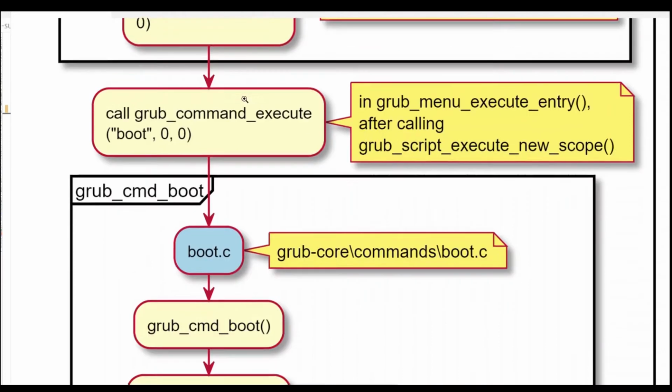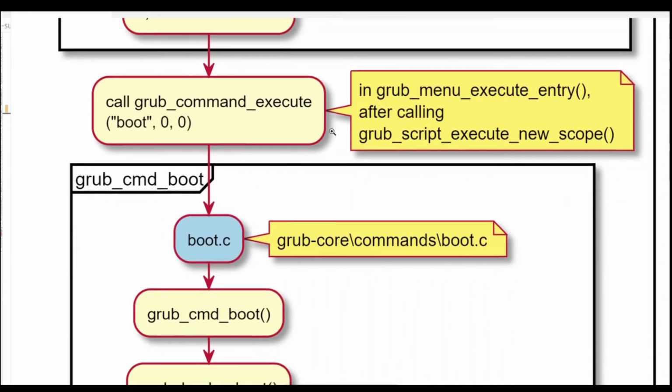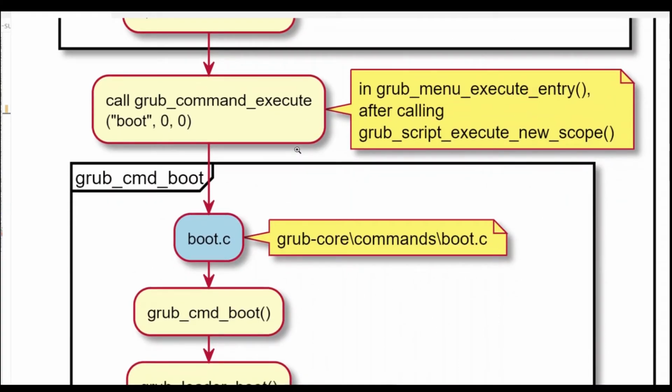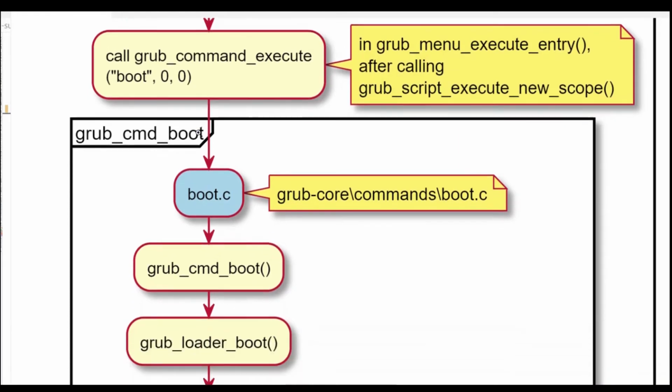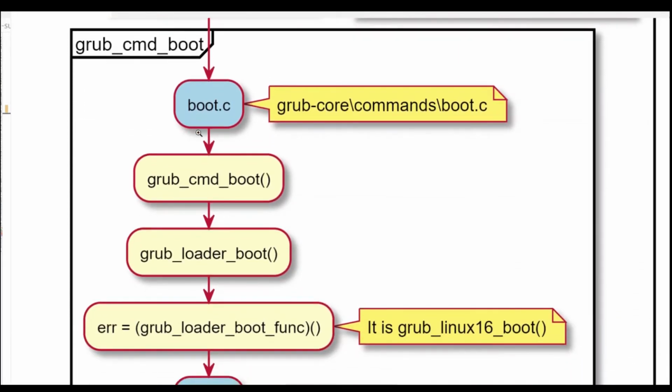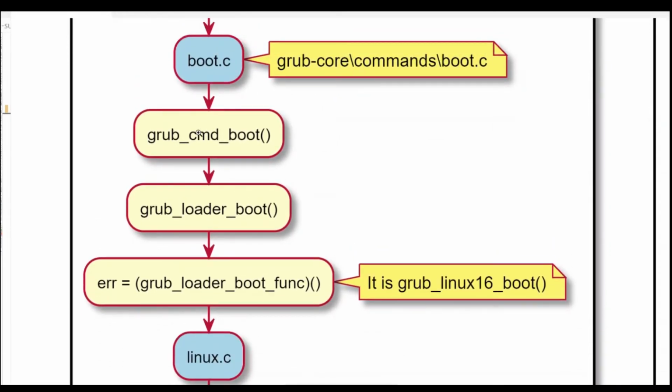Back to menu.c file. Still in the same function, grub menu execute entry. After calling grub script execute new scope statement, call grub command execute function with boot parameter. The actual function for Linux is grub command boot function in boot.c.